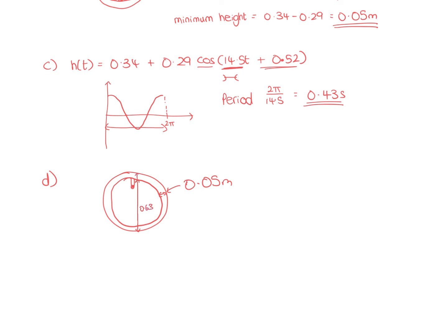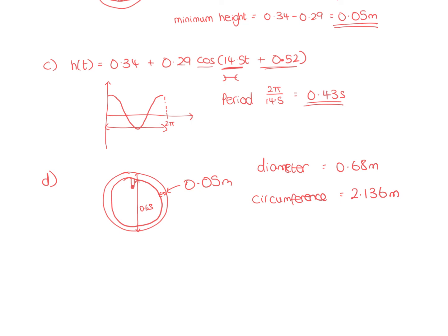And we discovered that when it was at its maximum, the valve was at its maximum, that was 0.63 off the ground. So this distance from here right down to the floor is 0.63. So the distance right up to the top of the tire, or the diameter of the full tire, is going to be 0.68 meters. If I know that's the diameter, the circumference is pi times d, so that's going to be pi times 0.68, so that's 2.136 meters.